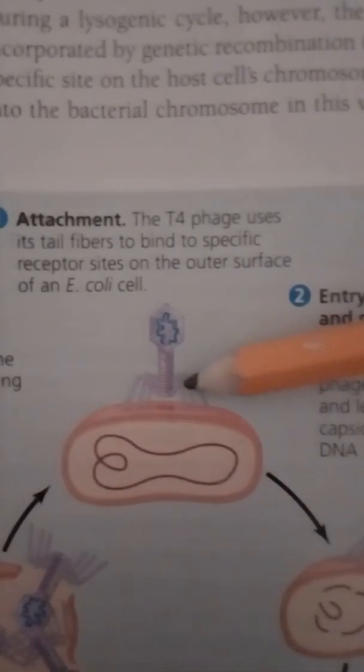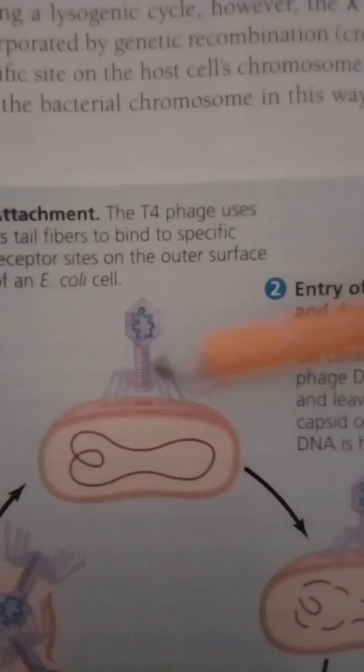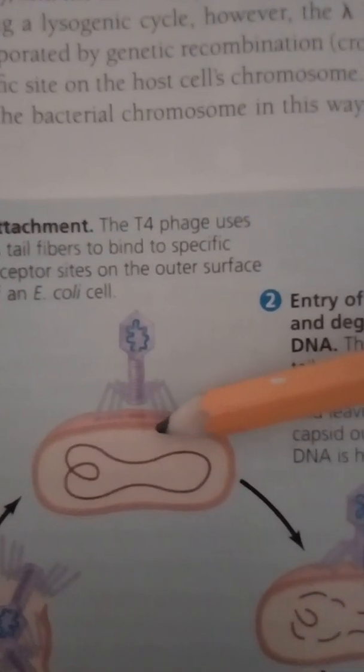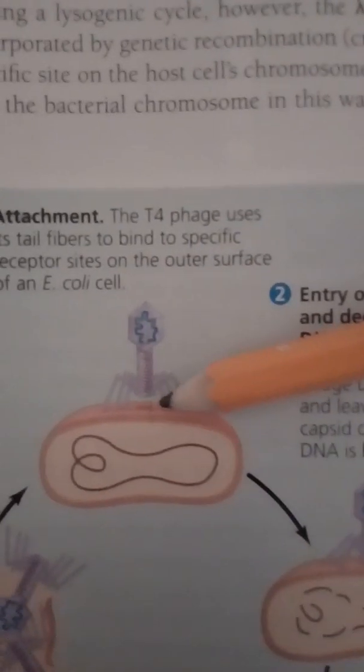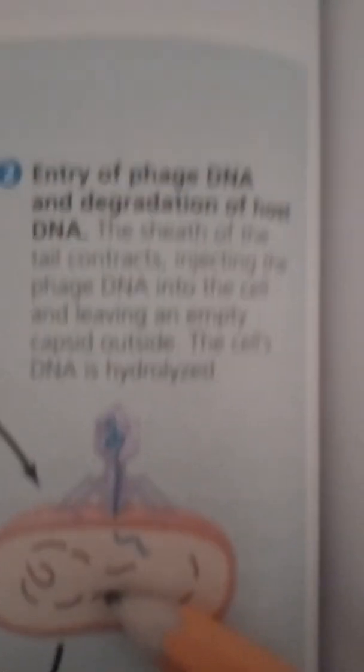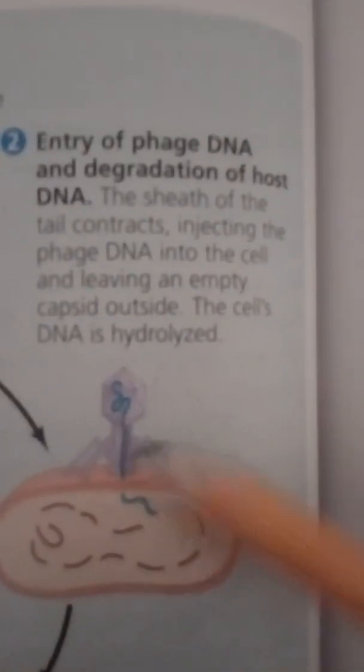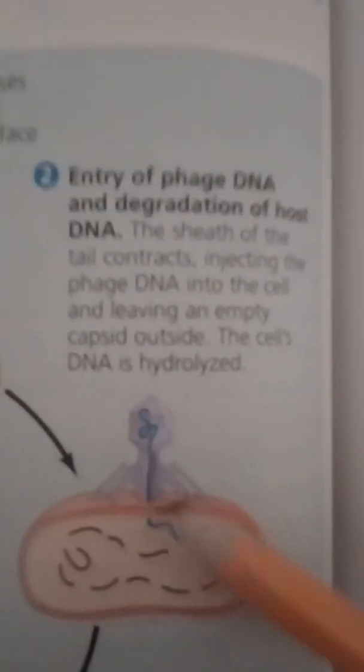The T4 phage uses its tail fibers to bind to specific receptor sites on the outer surface of an E. coli cell. Notice too the entry of phage DNA and degradation of host DNA.